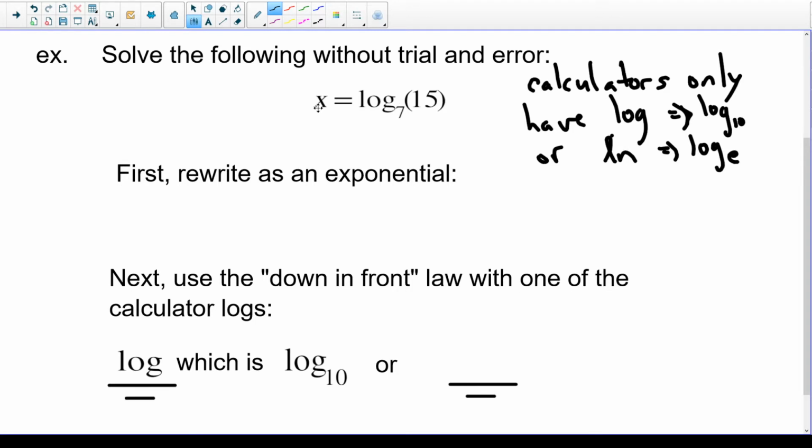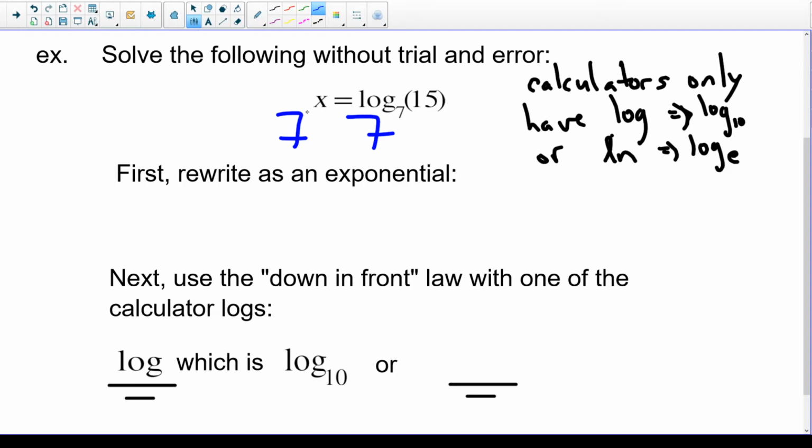So how do we change this into an exponential? Well, we talked about yesterday how we use inverse functions to destroy functions, right? And I showed you a quick little trick. When you're trying to go from a logarithm to an exponential, I'm looking at the base 7 here. If I put a big 7 here and a big 7 here, basically what I've done is I've raised the x up as an exponent, and I've raised the log base 7 of 15 as an exponent, okay?